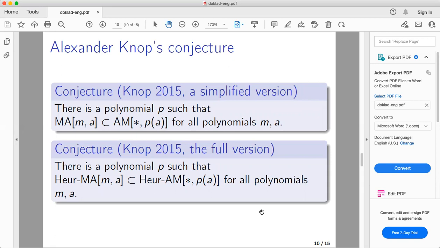Formally, there is a polynomial P such that MA of m, a is a subset of AM, where the length of the proof can be an arbitrary polynomial, and the amount of randomness is P of A.